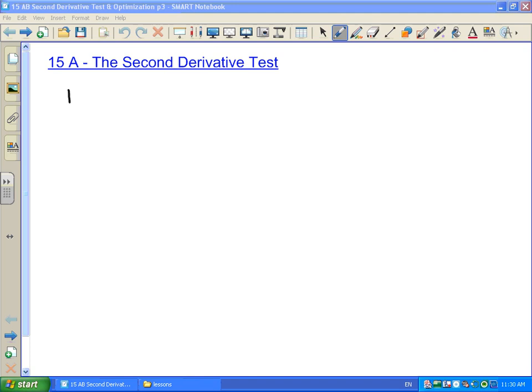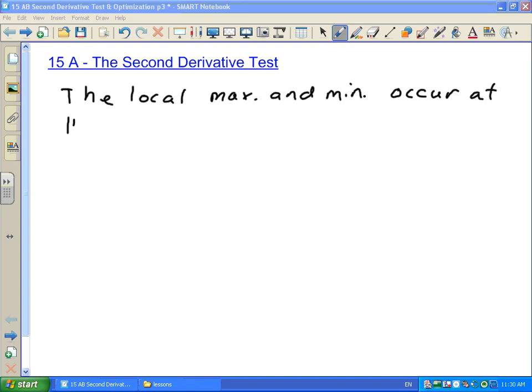We know that local maxima and minima occur at what we called critical numbers. Okay, and we found our critical numbers by taking our derivative and setting it equal to 0.